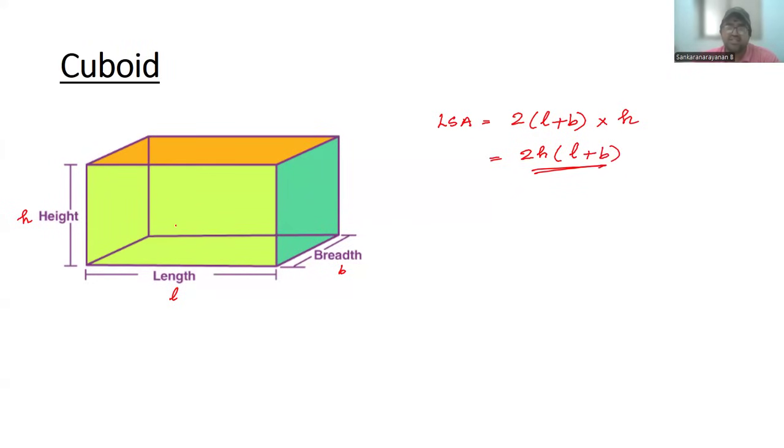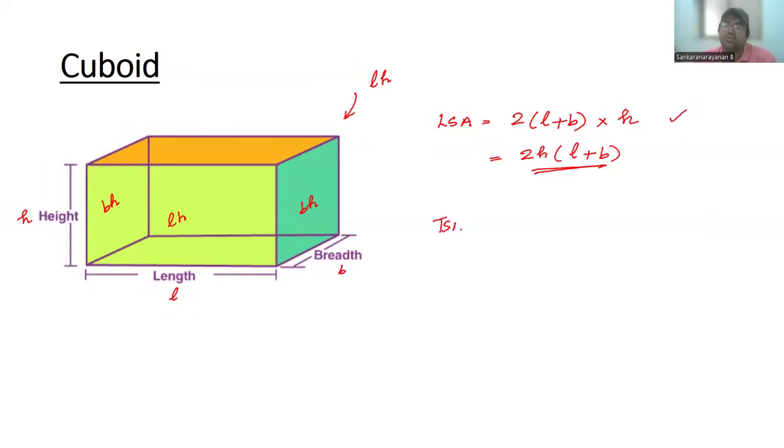You can validate it. The front is length into height, LH, and the back also has LH. On the sides, it is BH on the right and BH on the left. Adding them, it is 2LH plus 2BH. And that is what I have presented as 2 into L plus B times H for the lateral surface area.